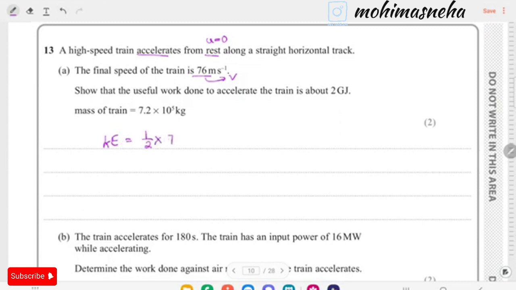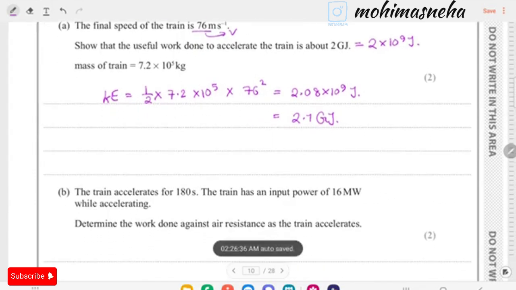It is half into 7.2 into 10 to the power 5 multiplied with 76 square. If you calculate this, you end up with 2.08 into 10 to the power 9 joules, right? And G indicates 2 into 10 to the power 9 joules. So we can finally write it in terms of G, that is 2.1 G joules.